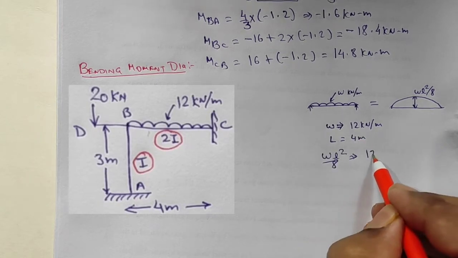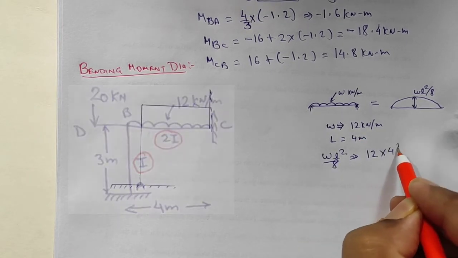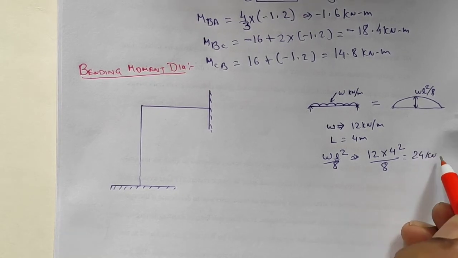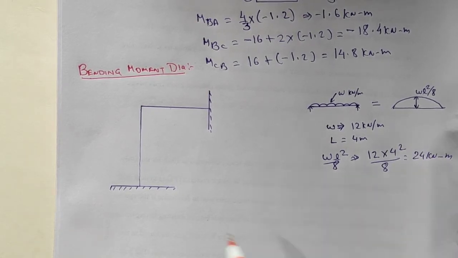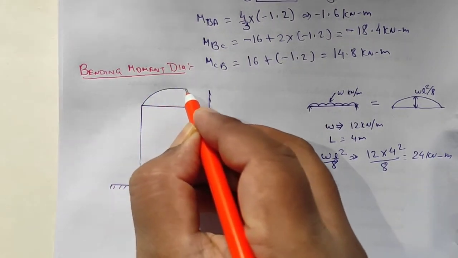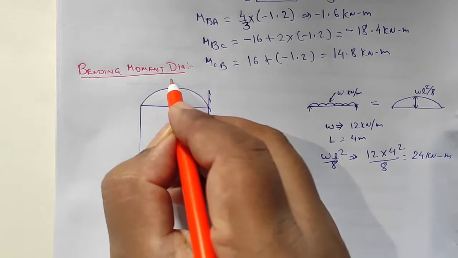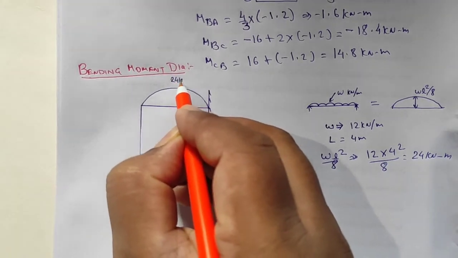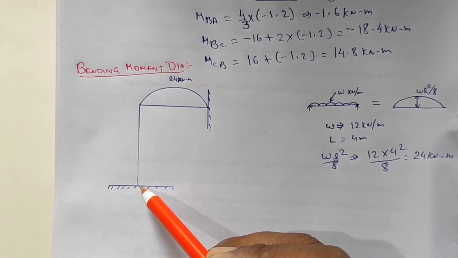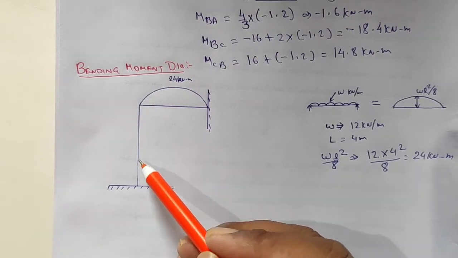So putting the values, we get 12 into 4 square divided by 8, equal to 24 kilonewton meter. So we can draw a parabola in this way, having a maximum ordinate of 24 kilonewton meter. And in this member, as no load is acting, there will be no bending moment diagram.